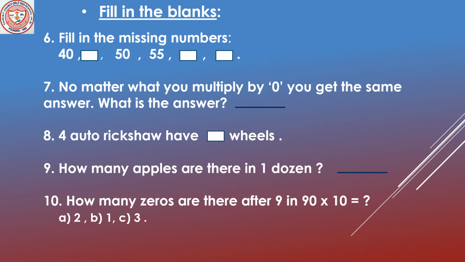Then step 2, count the total number of zeros in both the numbers and write them to the right of the result that we got in step number 1. The rest you have to do on your own. And here are the options. A 2, B 1, C 3. So you have to write the answer.